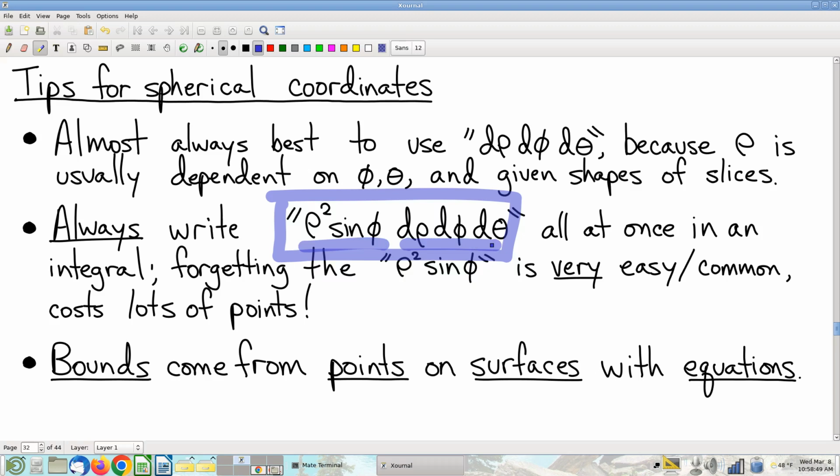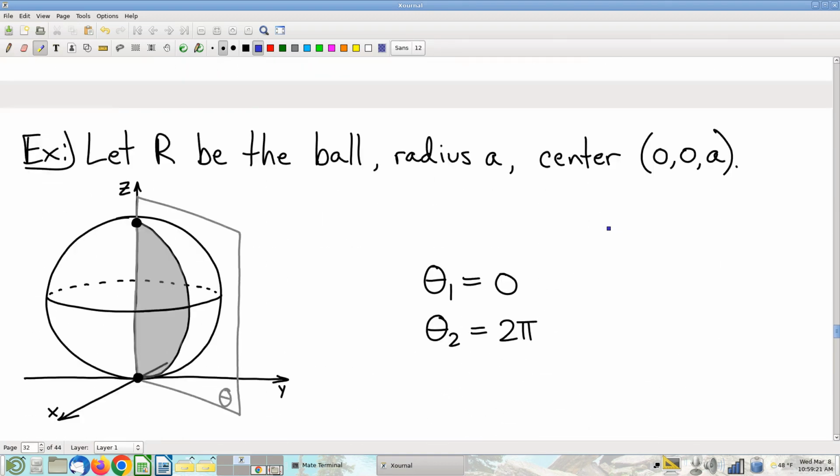In my mind, I don't ever write down d rho, d phi, d theta alone, at least not on purpose. We all make mistakes, but I encourage you to think of this as one single thing: rho squared sine phi d rho d phi d theta. Practice saying that fast. So you think of it as a single thing. You write it down all at once. It'll help. And of course, we're all mortal and fallible, but it will help.